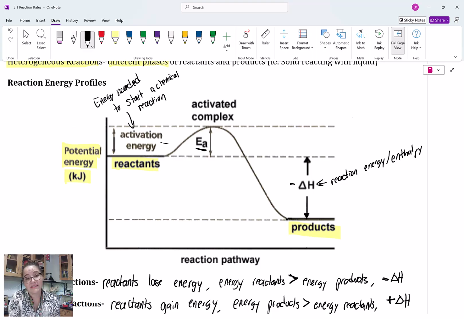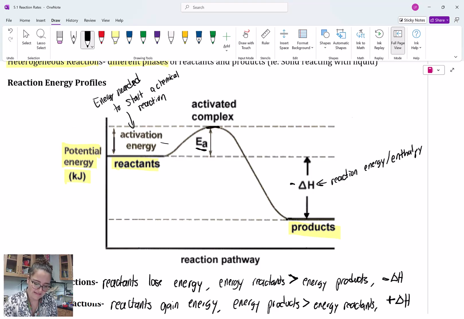Okay, as you can see here, the reactants don't just fall into products. There's a little activation energy that needs to happen. Classic example of this is, think of wood burning. Okay, when wood burns, you have to light it. But once it's burning, it'll just keep burning because it's generating its own energy. Okay? It has a high activation energy even though it's an exothermic reaction.